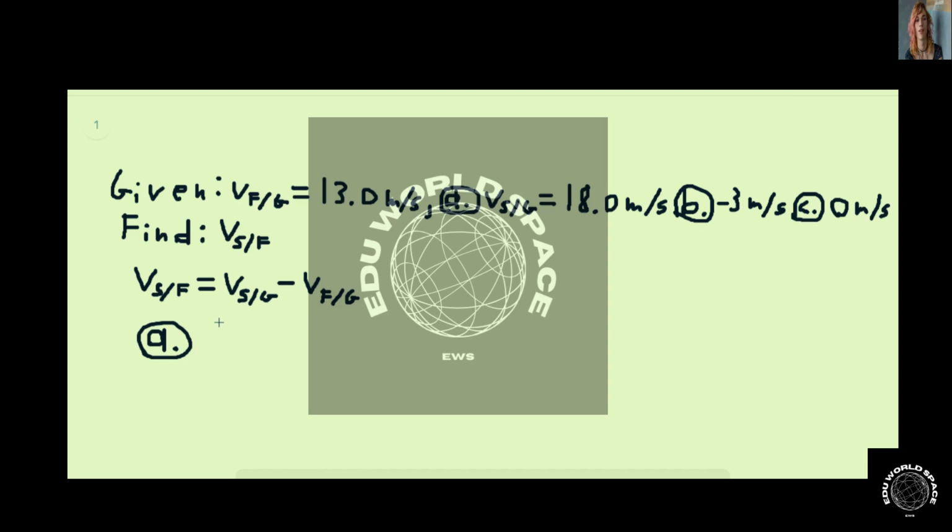So it's going to give us a positive 5 meters per second. Okay. So that means the magnitude is going to be 5 meters per second. And it's positive, so it's going to be going to the right. So the direction is to the right.